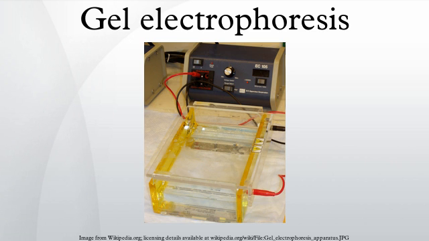Since denatured proteins act like long rods instead of having a complex tertiary shape, the rate at which the resulting SDS-coated proteins migrate in the gel is relative only to their size and not their charge or shape. Proteins are usually analyzed by sodium dodecyl sulfate polyacrylamide gel electrophoresis, by native gel electrophoresis, by quantitative preparative native continuous polyacrylamide gel electrophoresis, or by 2D electrophoresis.